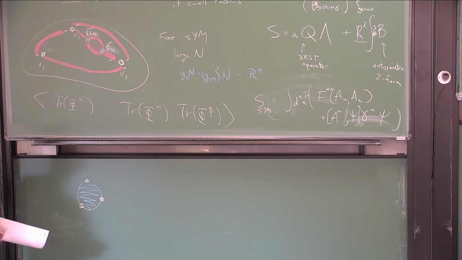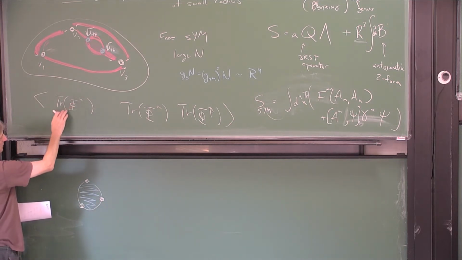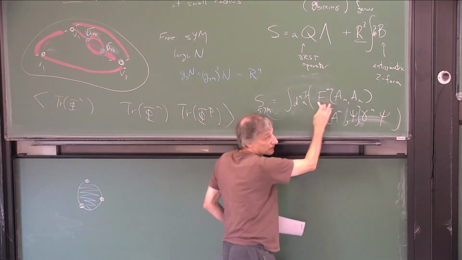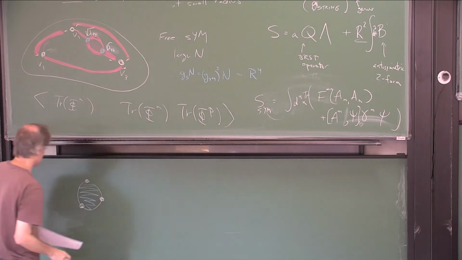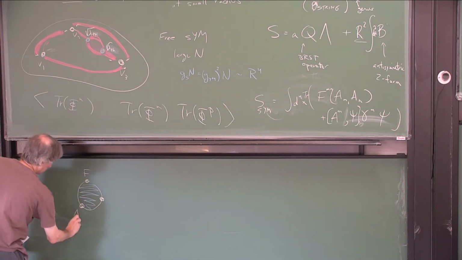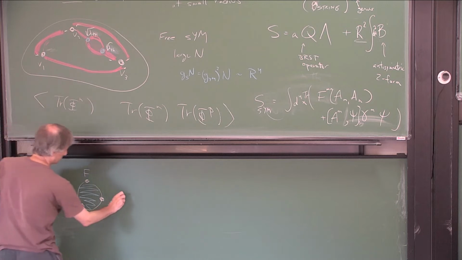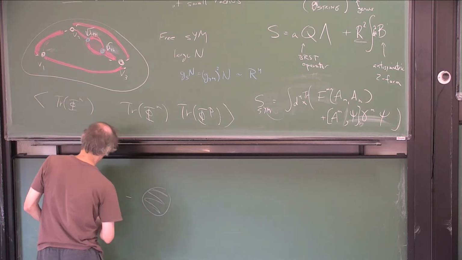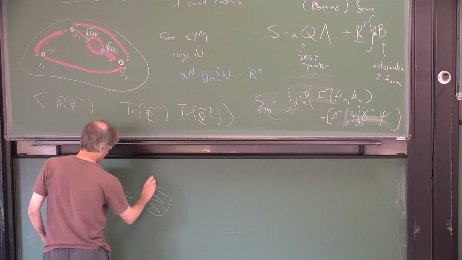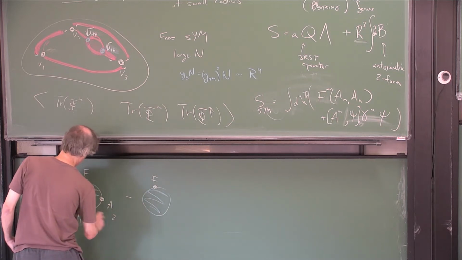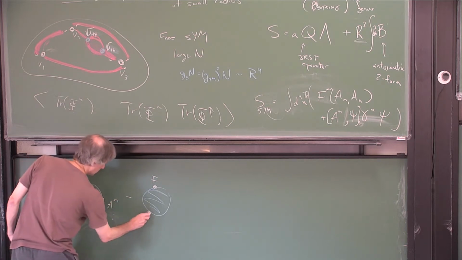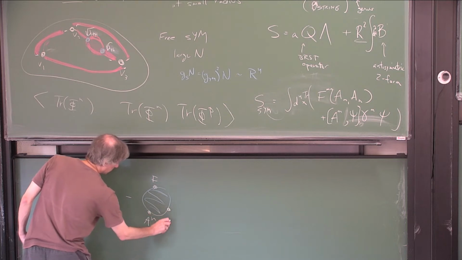If it's a cubic vertex, you should think of it as something like a trace where the three fields are precisely these three fields here. So this would be like an F, an A, and A. But it's a commutator, so it's this thing minus this, A1, 2, A1, minus.